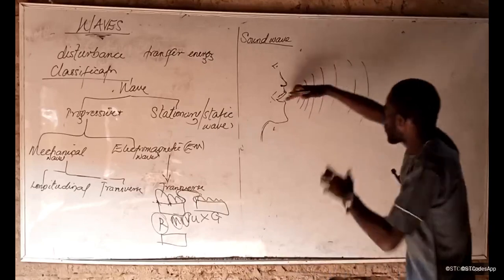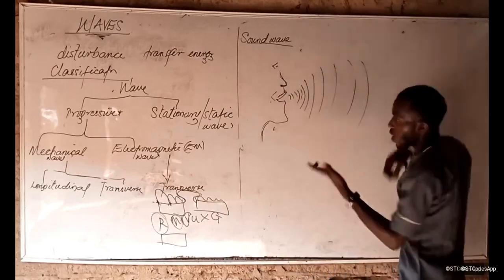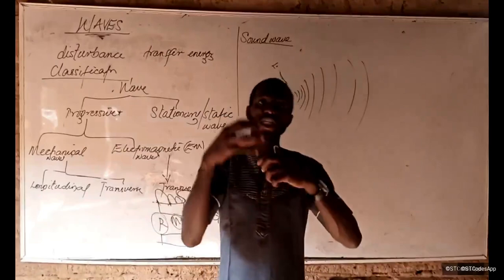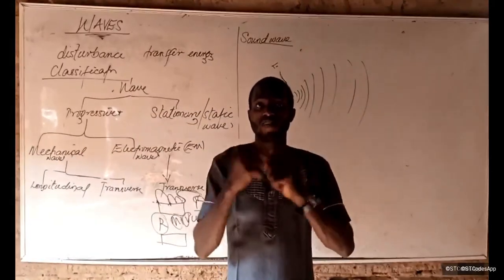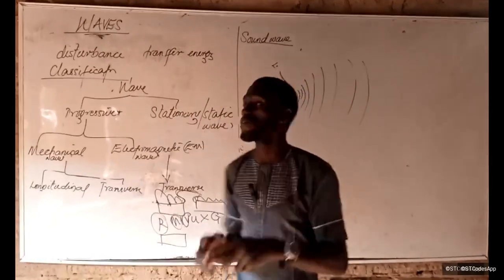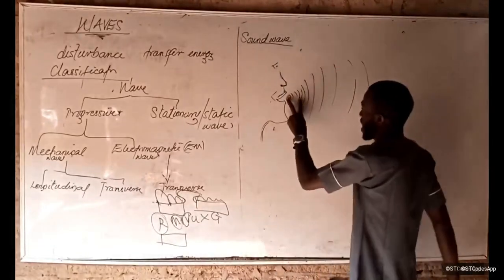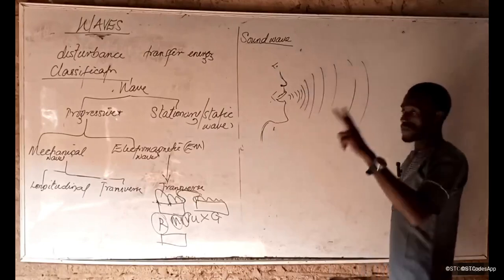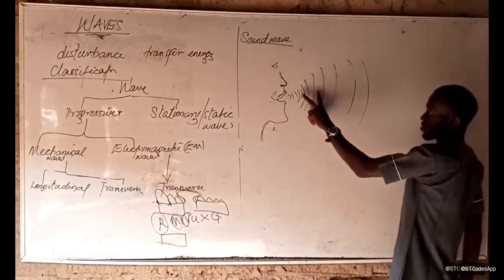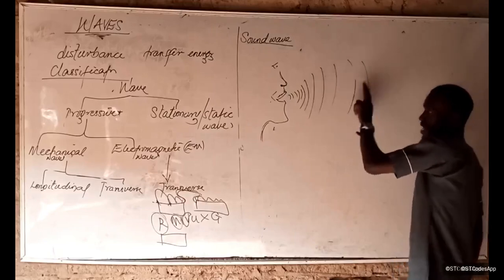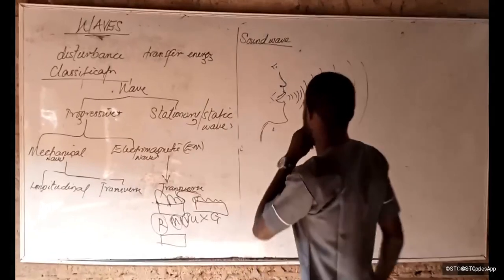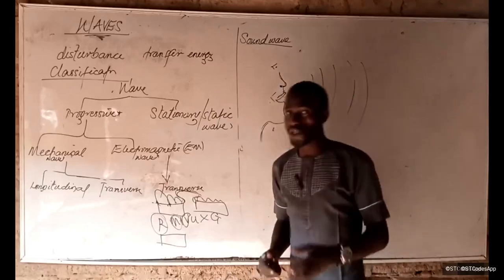So the wave is traveling in the direction of the motion that is producing it. The vibration from my vocal cords will push the air that is closest to my mouth, and as that vibration pushes the air, that air pushes the next air, and the next one pushes the next one, and that effect is being transferred that way. So that is a longitudinal wave.